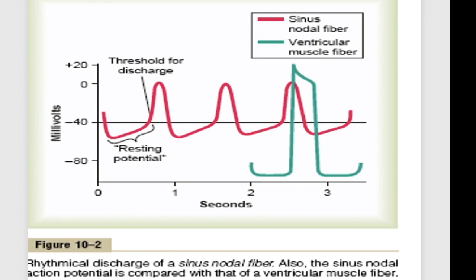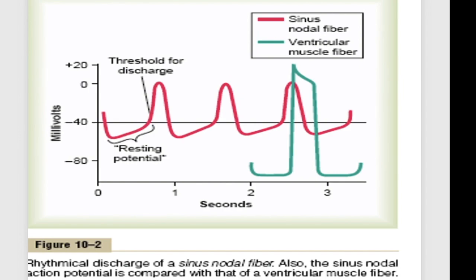This positive portion is called the overshoot potential. Then after the initial spike, the membrane remains depolarized for about 0.2 second in atria and 0.3 second in ventricular muscle. This results in the formation of the plateau. The presence of the plateau in cardiac muscle causes muscle contraction to last 3 to 15 times longer as compared to skeletal muscle.